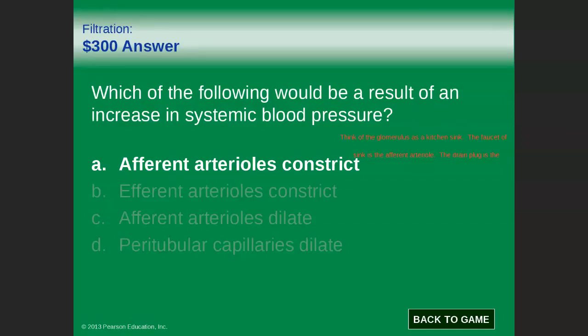So the afferent arteriole constricting is similar to turning the faucet handle so that you reduce water flow into your kitchen sink.